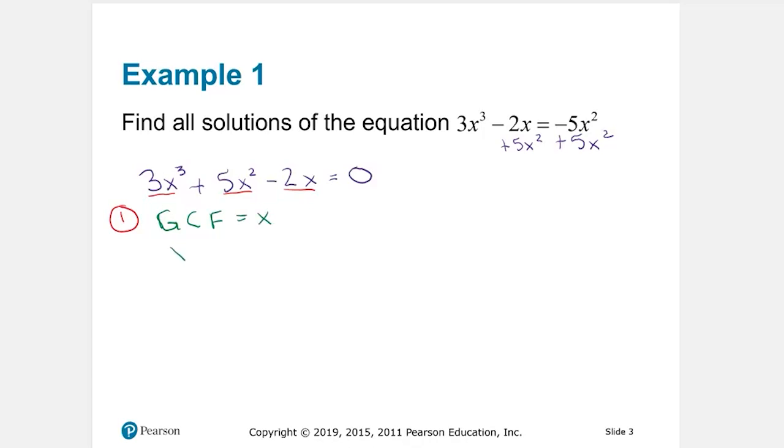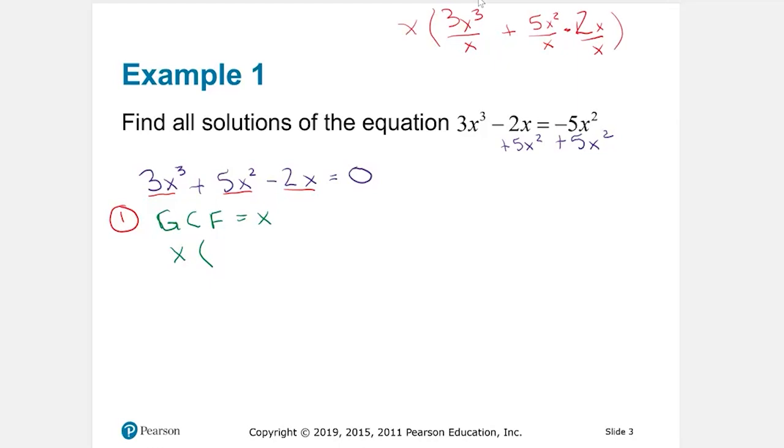I factor out an x, and to do that, in case anybody's confused, if I divide each one of these by x and multiply by x, it's the same thing.